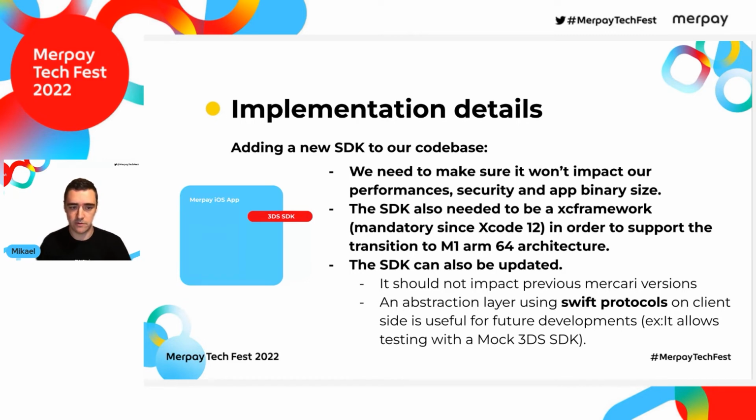Performance, of course: we don't want the app to become slow, or even crash because of a faulty SDK. Security, of course: in this case, we work with the provider of the SDK to check many security aspects on their side and on our side as well.